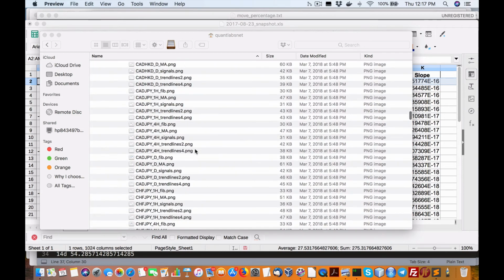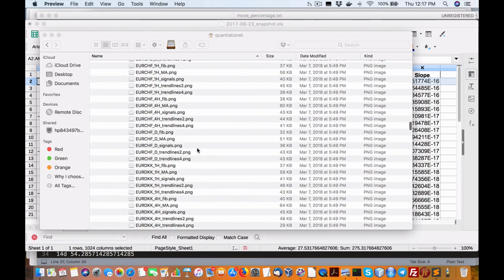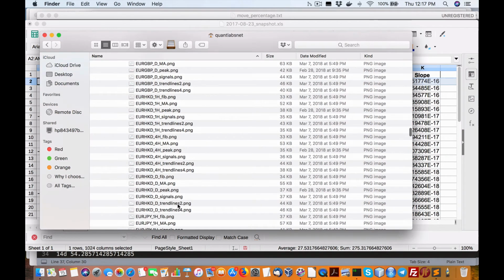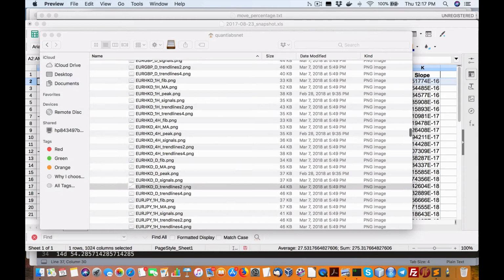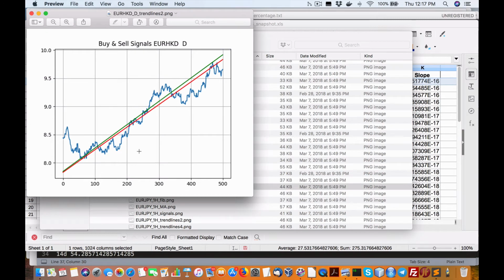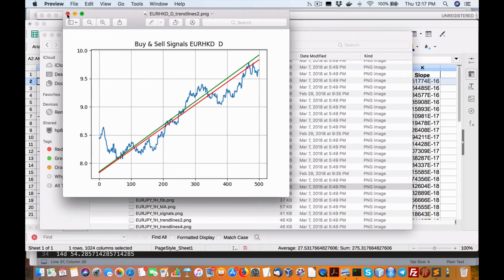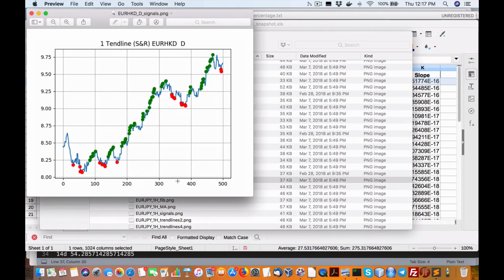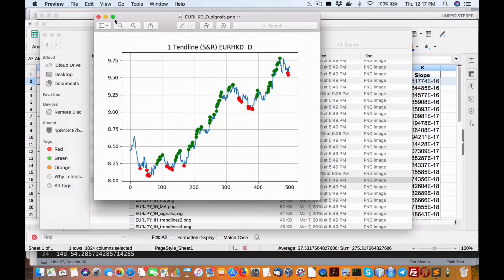But if you look at the Euro Hong Kong, which I believe at this time frame was one of the strongest pairs, let me just see here if that's the case on the daily. So you can see here the long-term daily trend is quite strong. So when you factor in the signaling, again, human traders will never see this, but when you factor in my system, there's definitely more buying opportunities than selling, based upon that.